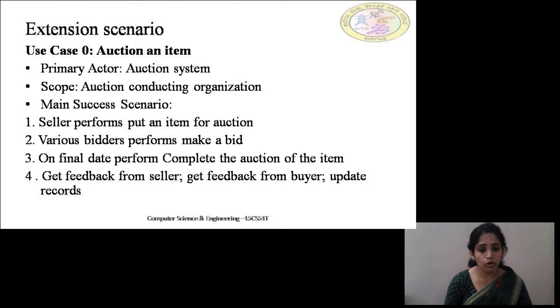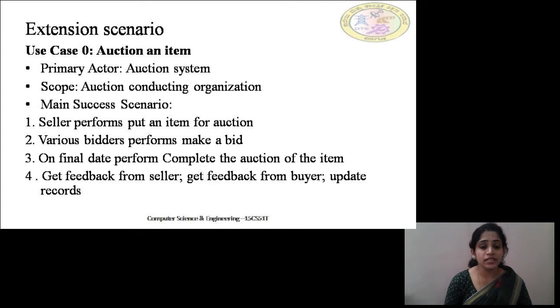Seller performs put an item for auction. Seller puts an item for auction. Various bidders perform make a bid. Those who want to buy something can make a bid. On the final date, complete the auction. We have to mention the final date for the completion of the auction.